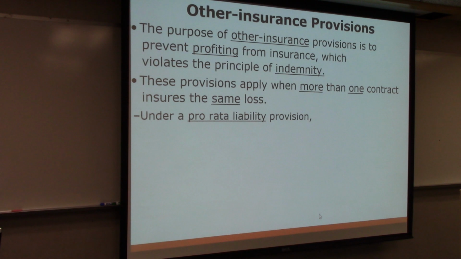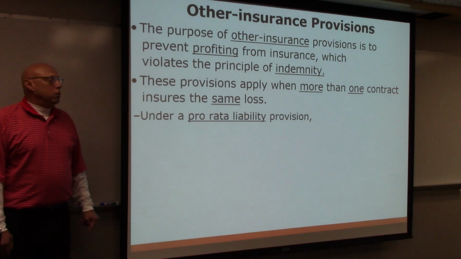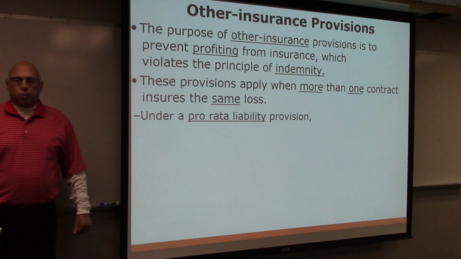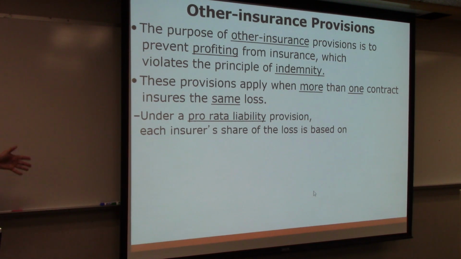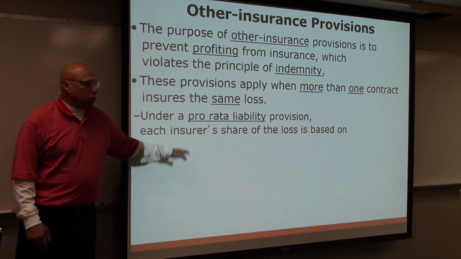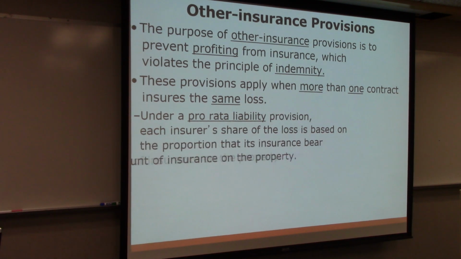So there are two ways that losses are determined using the other insurance provisions. One is called the pro rata liability, okay? And it's real straightforward, each insurer's share of the loss is based on the amount of coverage that each insurance company has. So it's really straightforward.